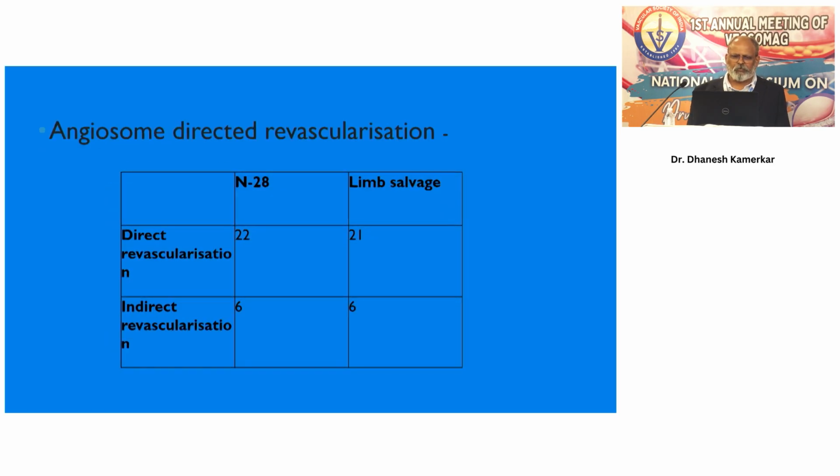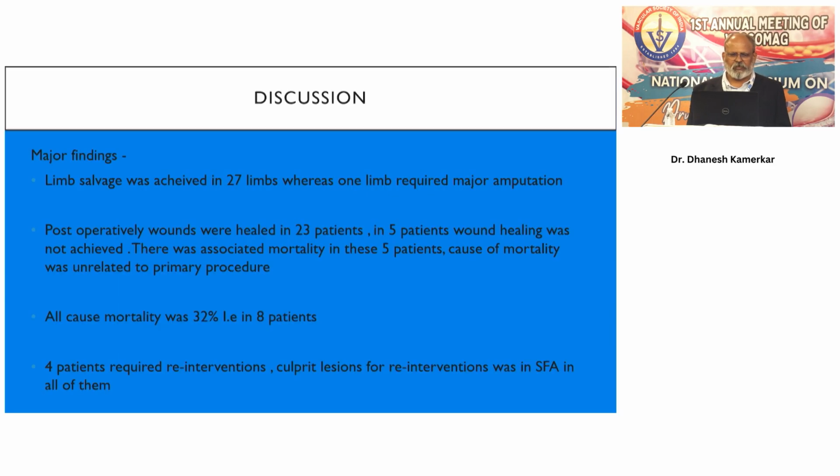When we look at angiosome related or directed revascularization, 22 patients had direct revascularization, out of which 21 could be salvaged, and indirect revascularization, 6 patients, all 6 were limb salvage. So limb salvage was achieved in 27 limbs, whereas 1 limb required major amputation. Postoperatively wounds were healed in 23 patients.